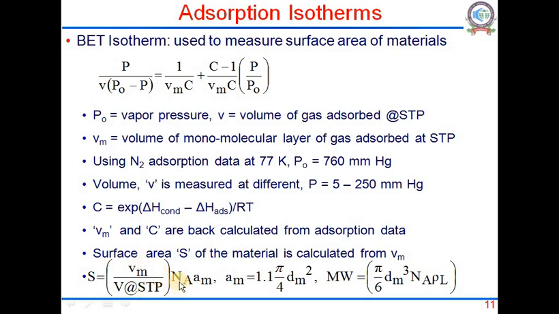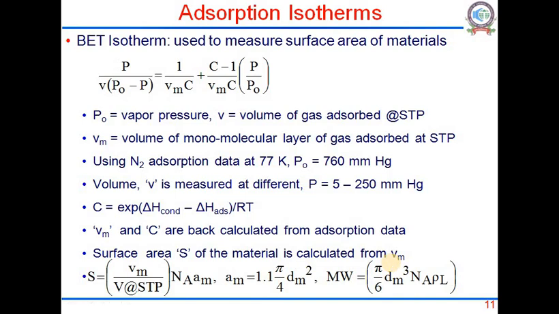Multiplied by Avogadro number, it tells you the number of molecules adsorbed, and multiplied by the area occupied per molecule, it gives the total surface area of this material. If we do this per unit mass of the adsorbent, then we can calculate the surface area per unit mass. Recall that the surface area occupied by one molecule is related to the diameter, and the diameter you can relate to the molecular weight. We have seen all this when we looked at membrane separations.